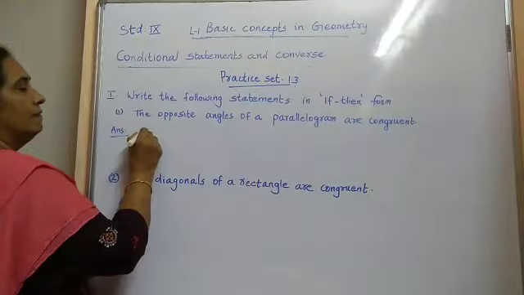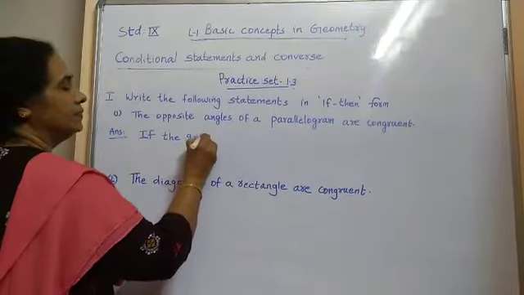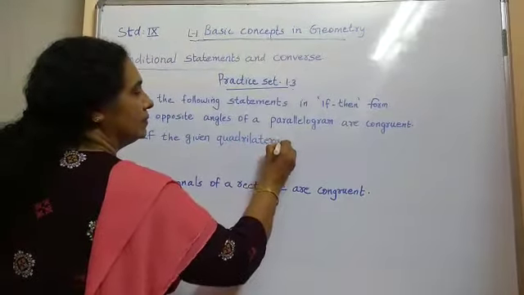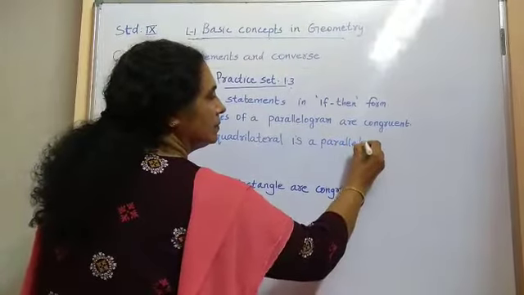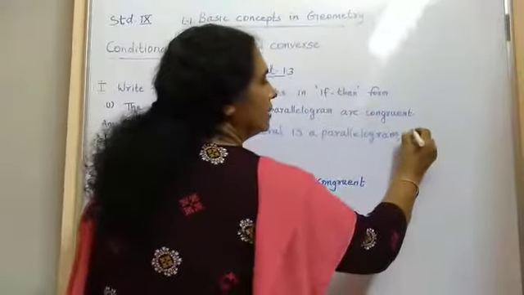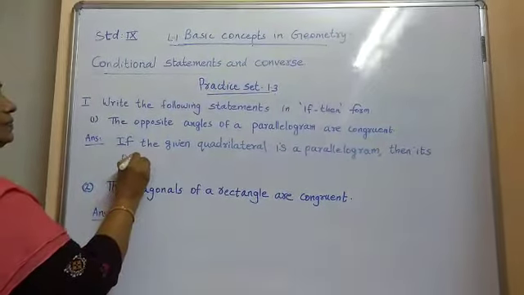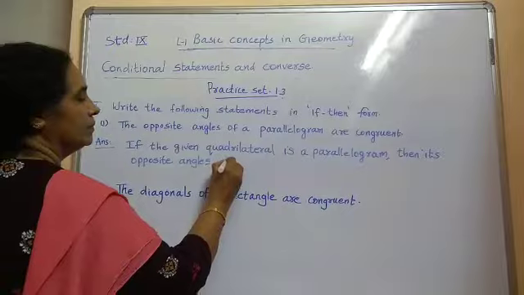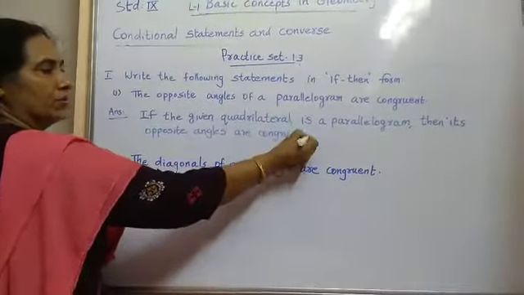That is, if the given quadrilateral is a parallelogram, then its opposite angles are congruent.